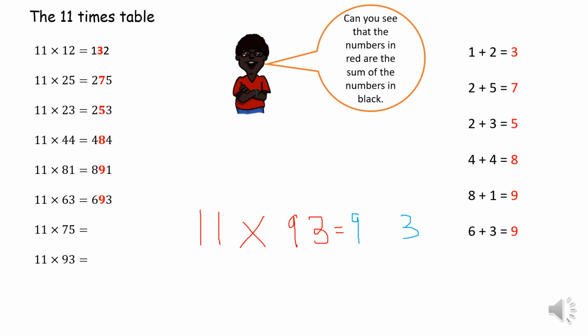What I have in the middle is I'm going to add the 9 and the 3 here. When you add 9 plus 3, you get 12. So I'm going to put the 2 in the middle and I'm going to carry over that 1 here. So I'm going to get 1023, and this is the answer that I'm getting when I multiply 11 times 93.